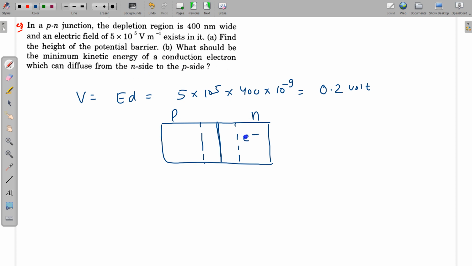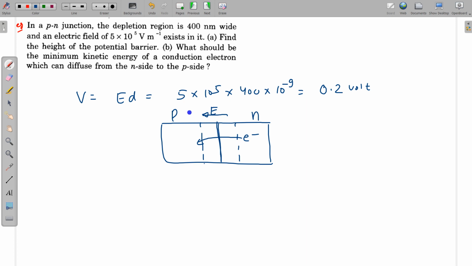So this electron, which was diffusing freely when this depletion layer was not there, has to have some kinetic energy, then only it can reach here, and it has to cross the potential barrier, because it is a majority charge carrier on the n side, and for the majority charge carrier, this electric field which is in this direction from n to p is creating a potential barrier.